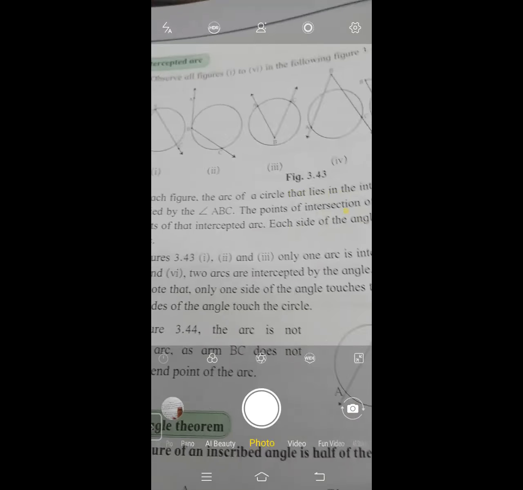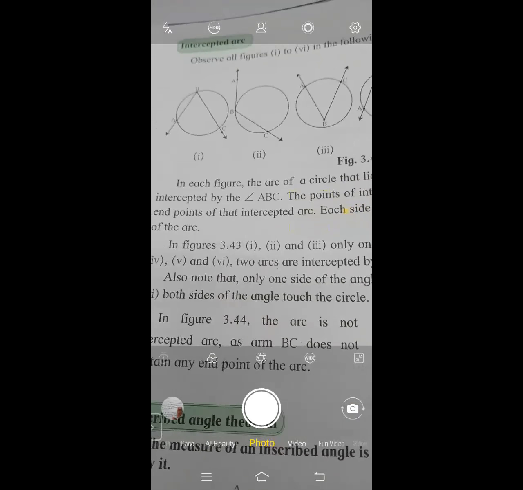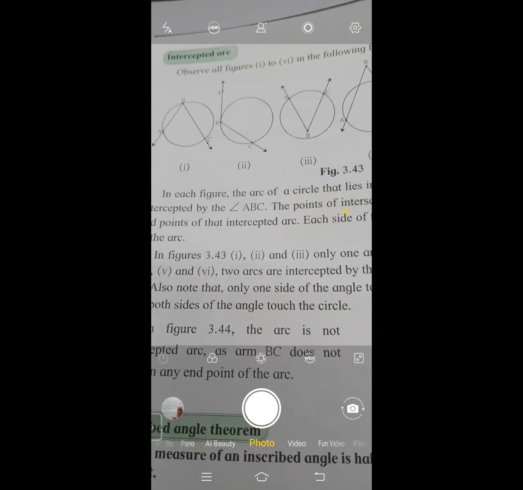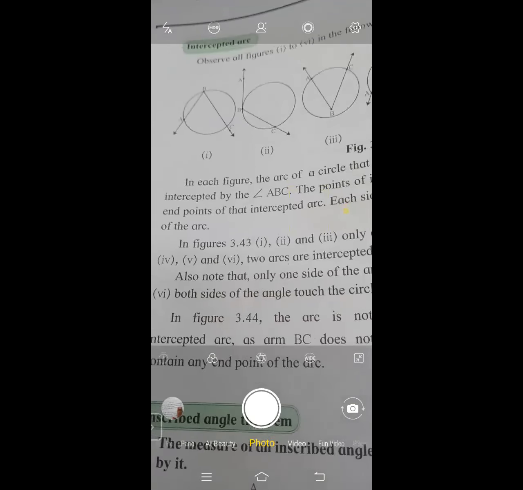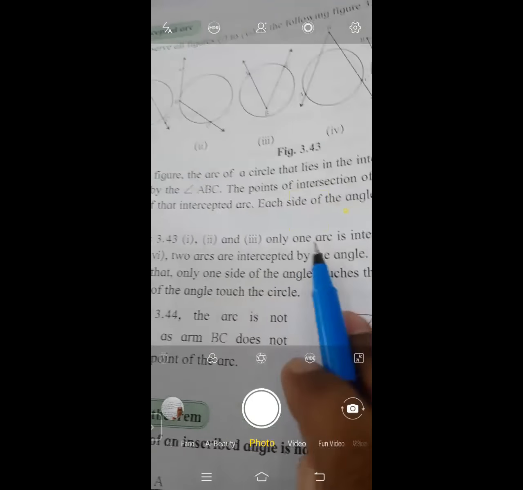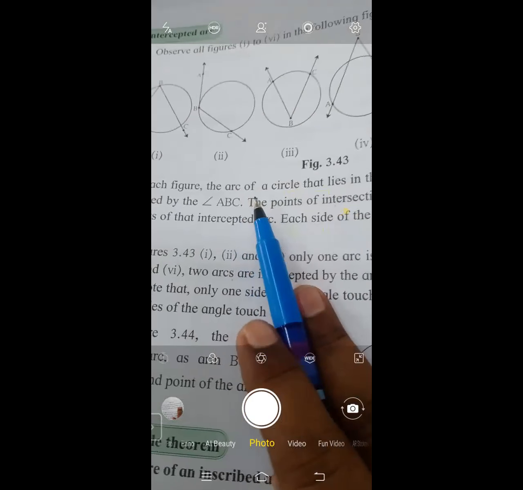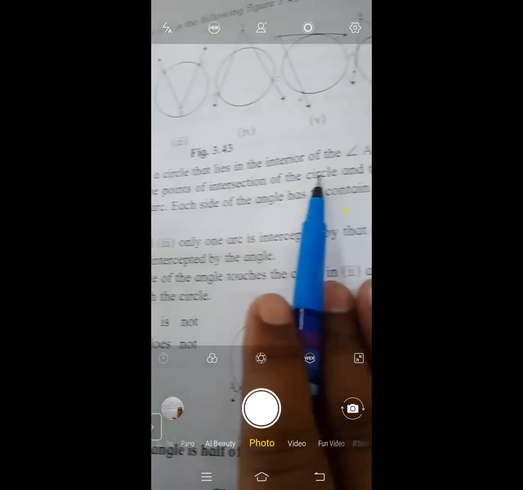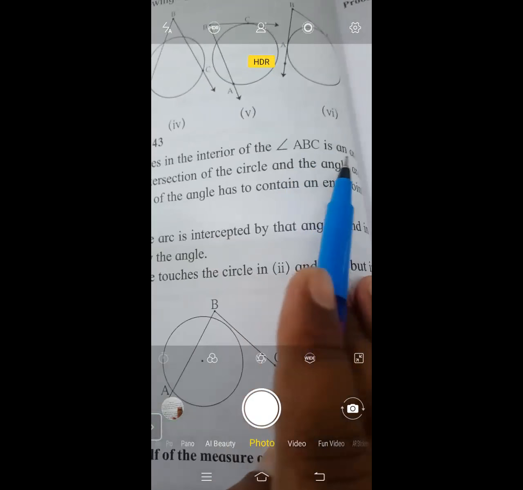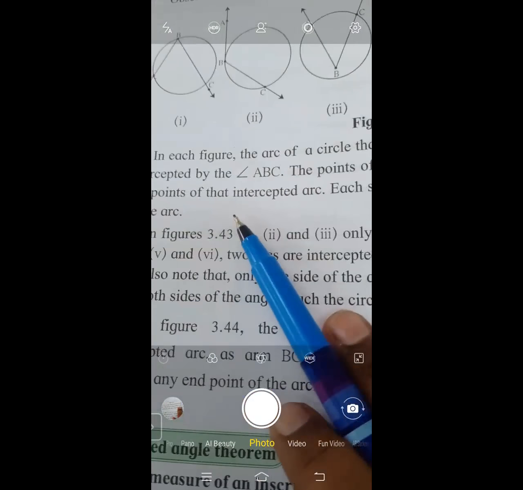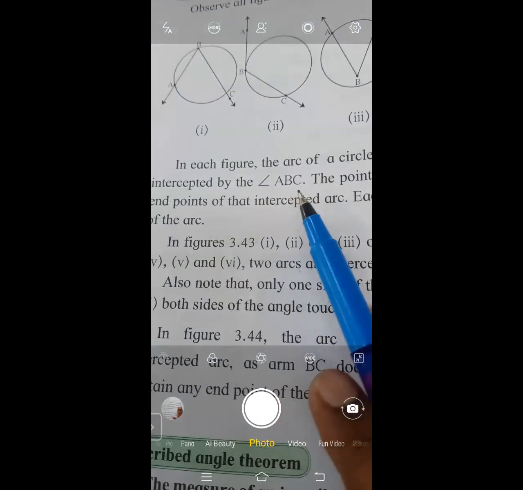Okay, so what things are required for inscribed and intercepted? For intercepted, the arc of the circle that lies in the interior of the angle ABC is an arc intercepted by the angle ABC.